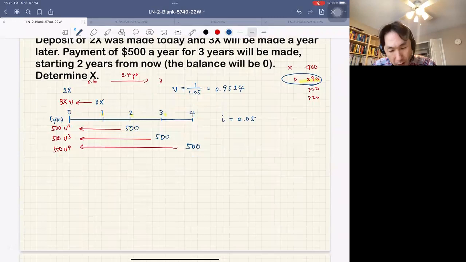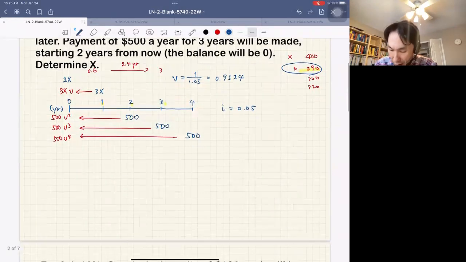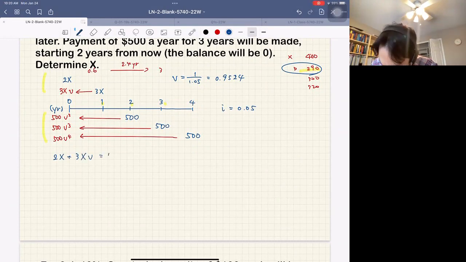Okay, and now we can calculate it because we can see that the cash inflow and cash outflow have the same value. So this one and this one have the same value. So 2x plus 3x times v is equal to 500 times v squared, v cubed, and v to the fourth power.